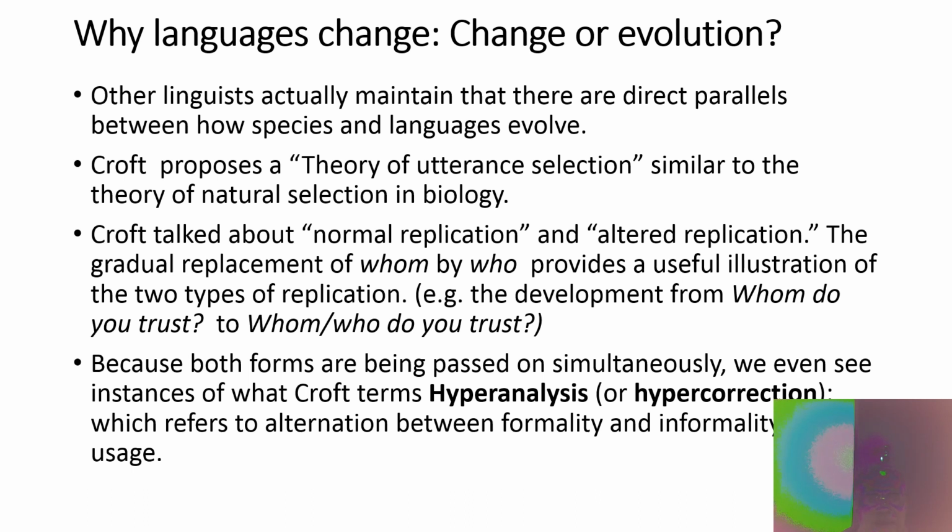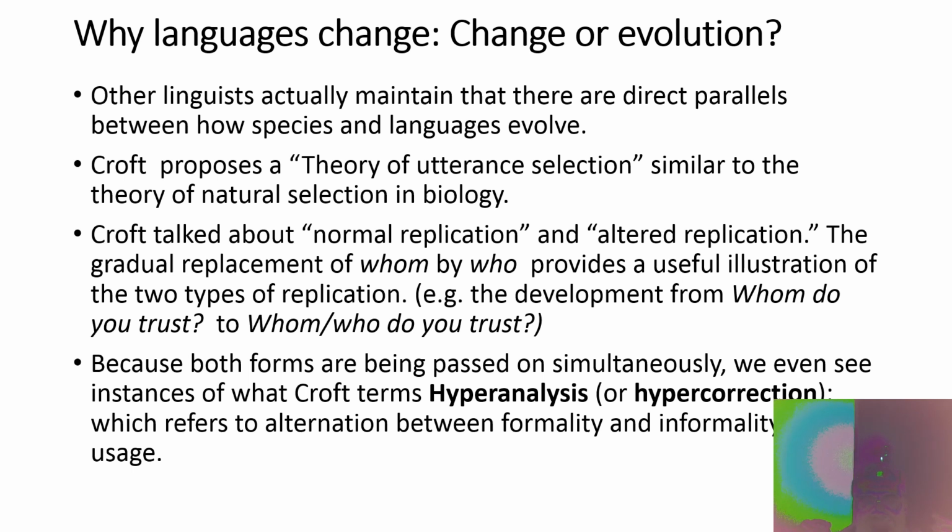But even in some instances of what Croft terms hyperanalysis or hypercorrection, okay, this example refers to alternation between the formal and the informal. Okay, he calls this hyperanalysis or hypercorrection. By hyperanalysis and hypercorrection, according to Croft, we mean that there is some sort of alternation between a formal use and an informal use.